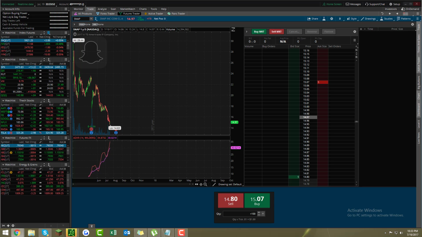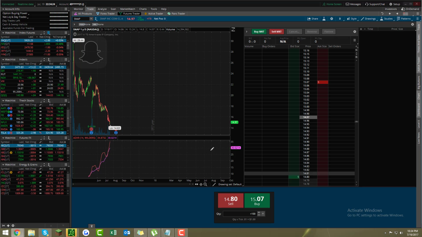As of right now, the market cap for Snapchat, I just pulled it up here, is 17 billion, which is significant, as they were valued at around 39 to 40 billion dollars in a valuation. So that really does not look good whatsoever for the Snapchat stock.